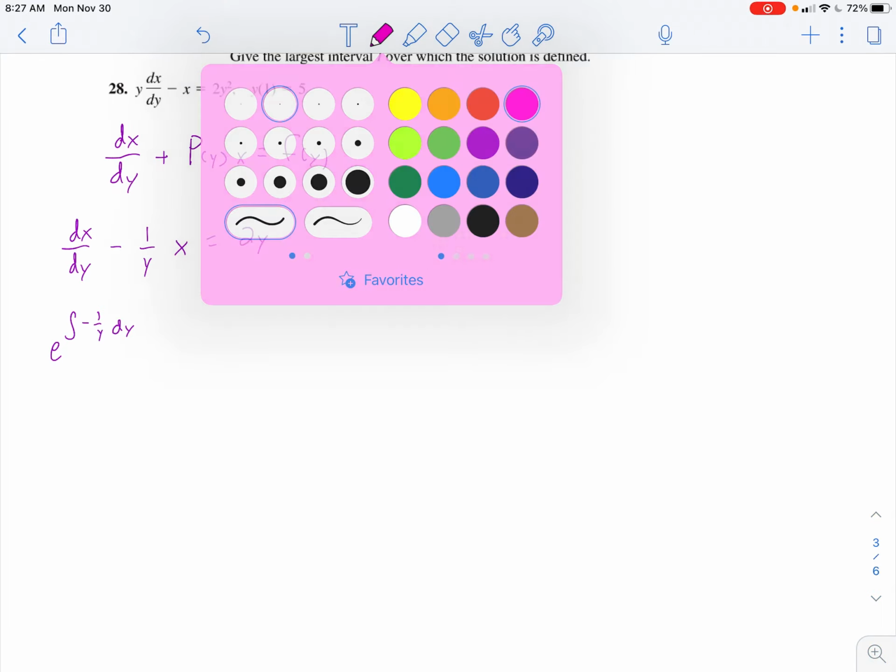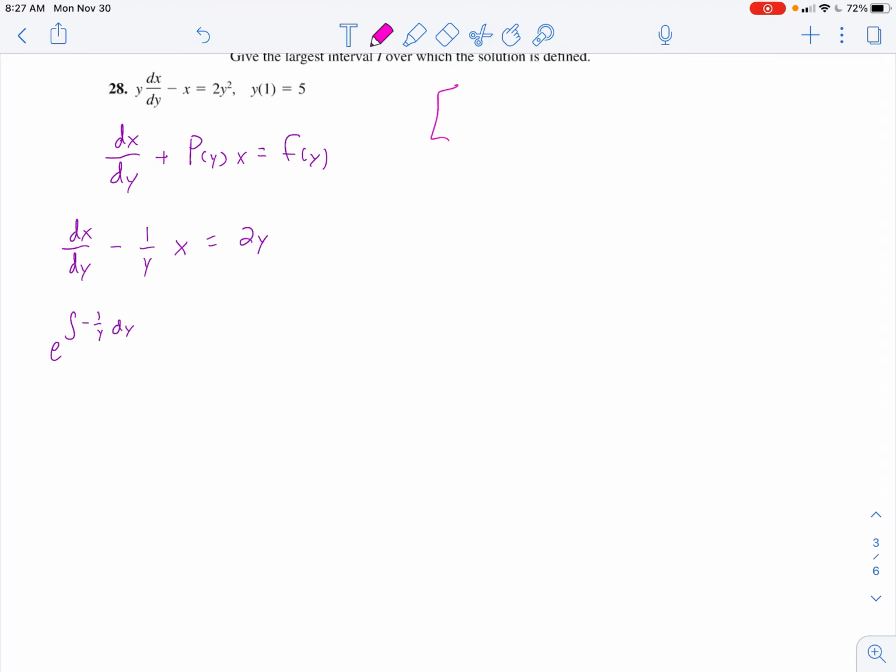Again, you can go ahead and write this in our form as d over dy times e to the integral of negative 1 over y dy times x, and that's equal to the integrating factor times 2y.